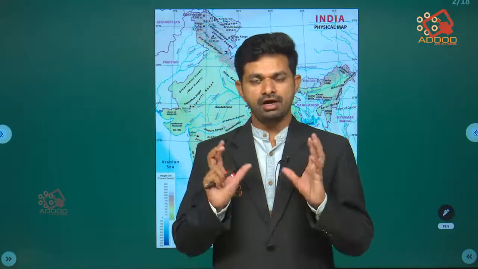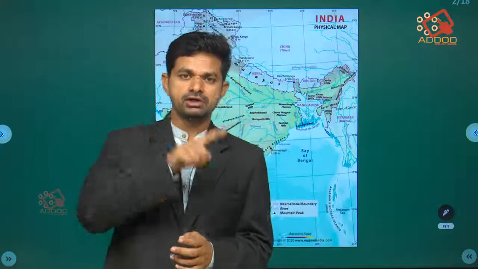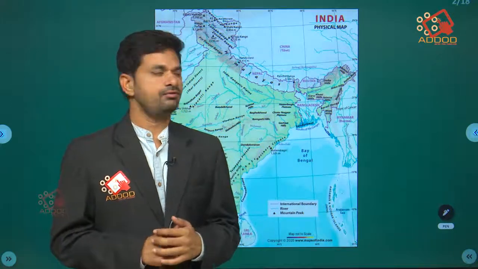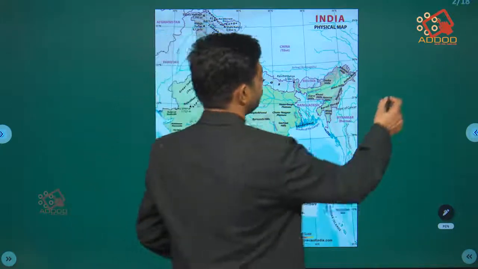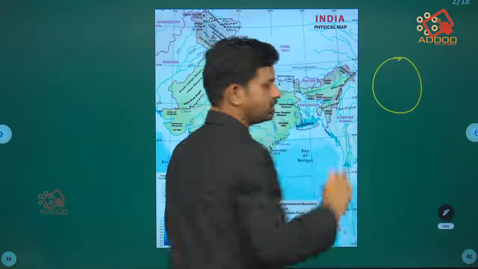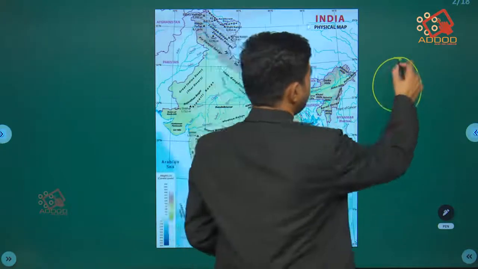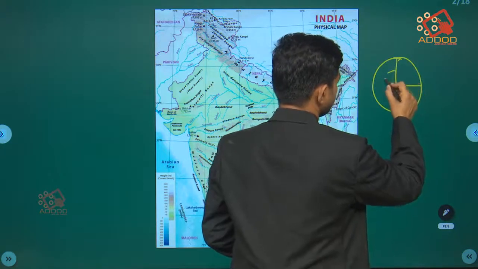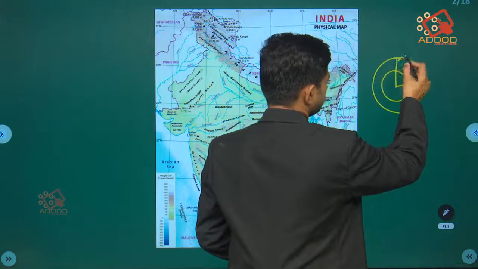Now, as I already told you, Earth, when it was forming, was a red hot ball, and while this red hot ball was getting cooled down, what happened? The outer surface became solid, and then the interior of the Earth is divided into three parts.